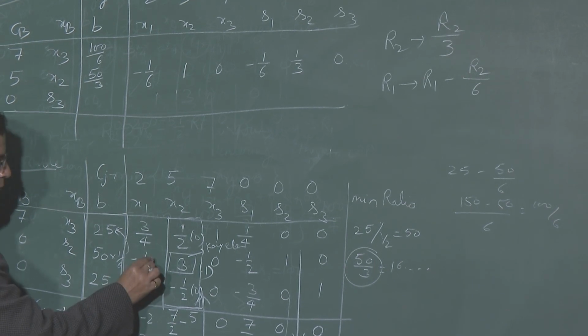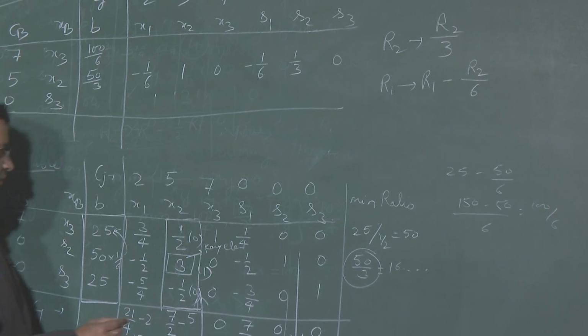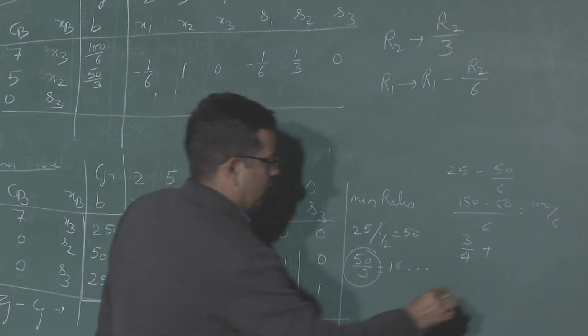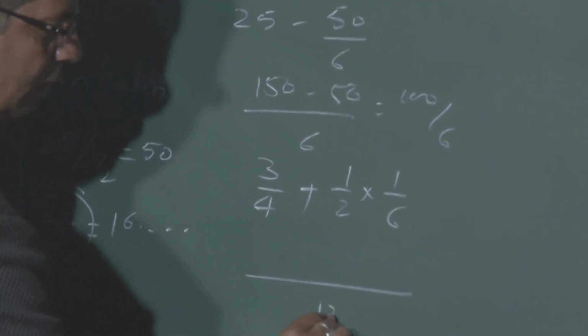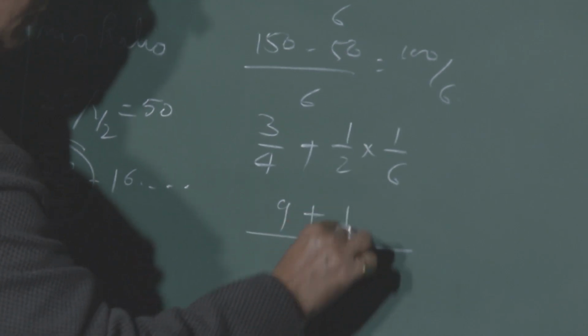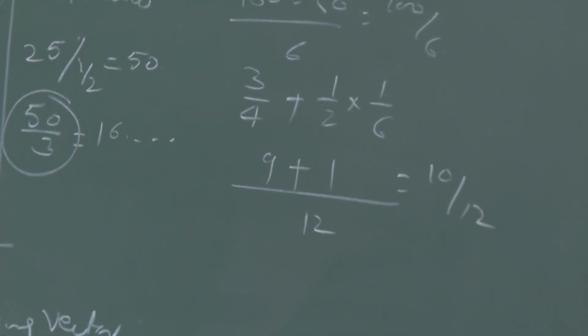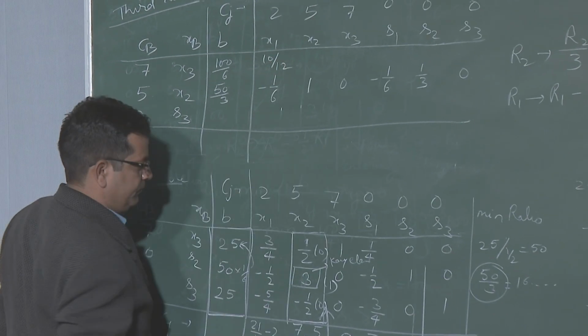Then when I multiply this minus half with 1 by 6 and then subtract, we will have 3 by 4 minus minus plus 1 by 2 into 1 by 6. We take the LCM 12, it becomes 9 plus 1, 10 by 12. Here we will have 10 by 12.